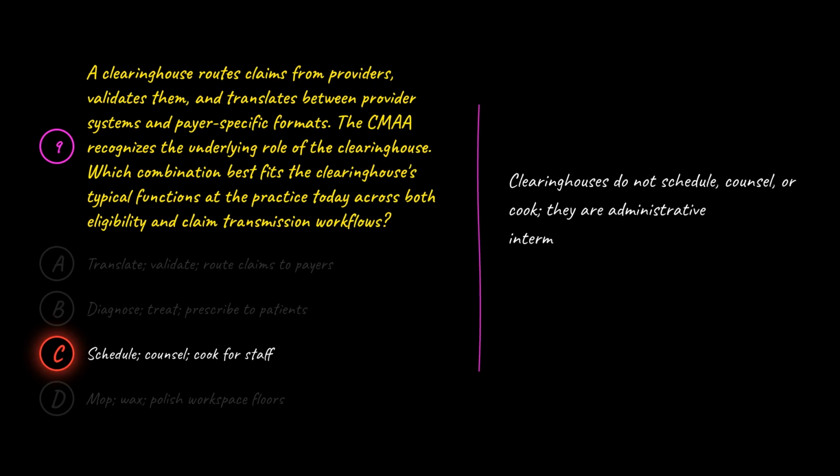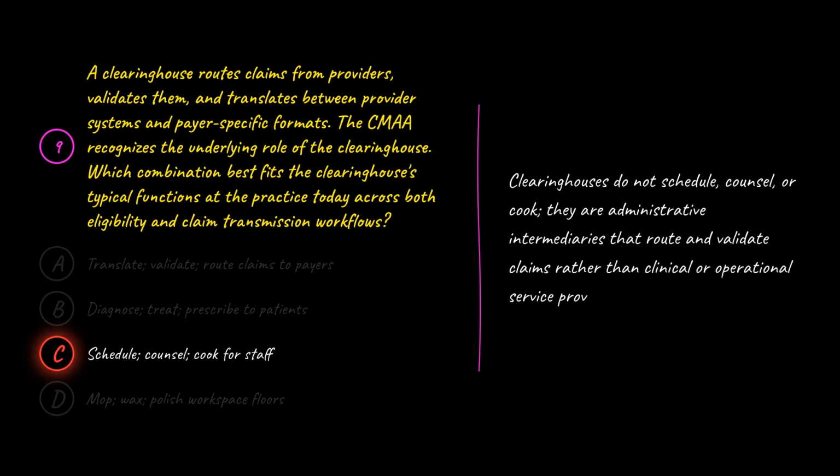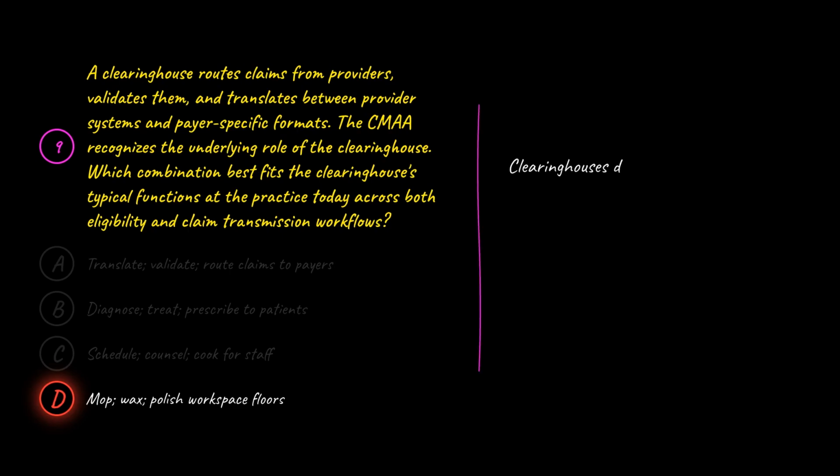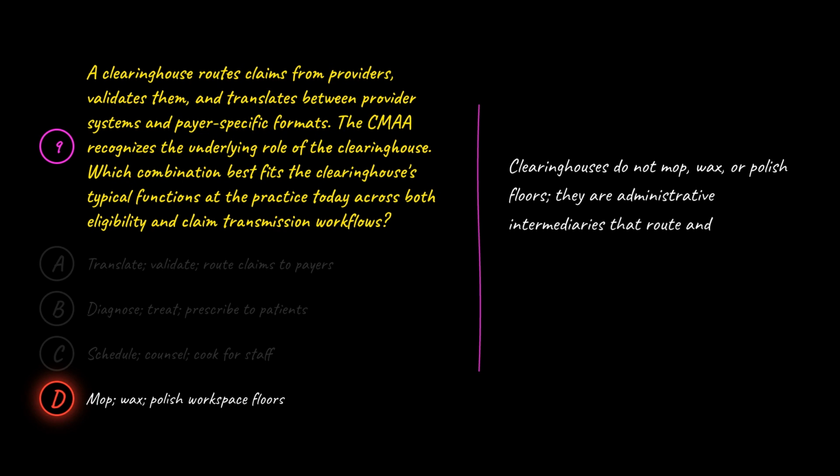They are administrative intermediaries rather than clinical or operational service providers. D is wrong because clearinghouses do not mop, wax, or polish floors. They are administrative intermediaries rather than facility maintenance providers.